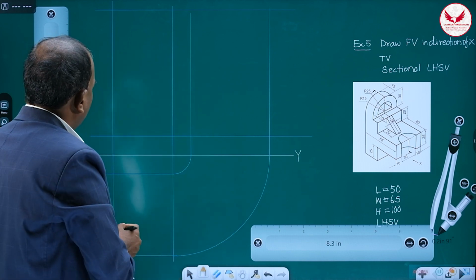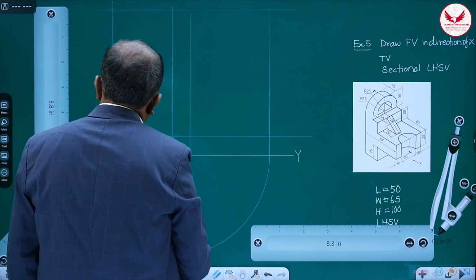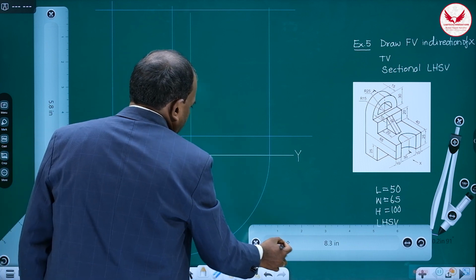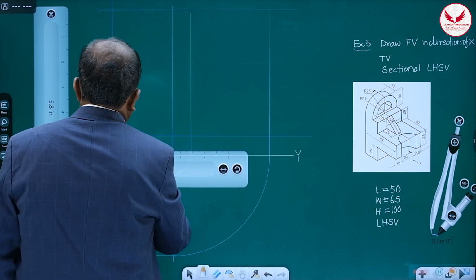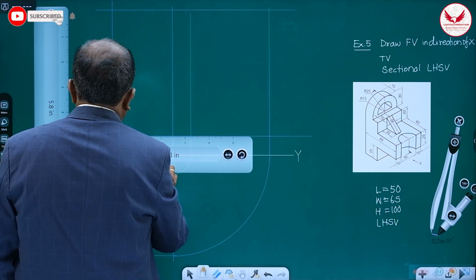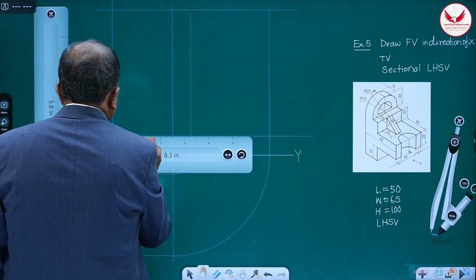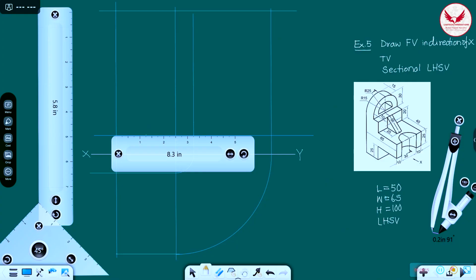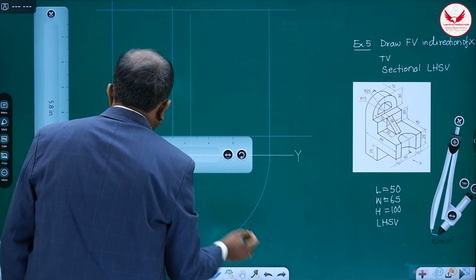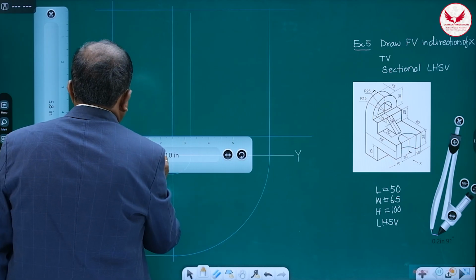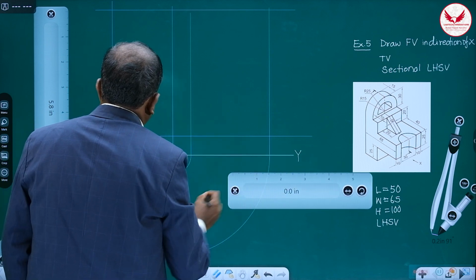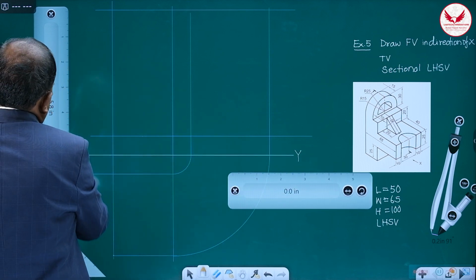Then how to mark the center line? For that also, first we have to mark its midpoint. So it's 20 and 25. From this midpoint, we have to mark the center line. Then how do we mark the center line?